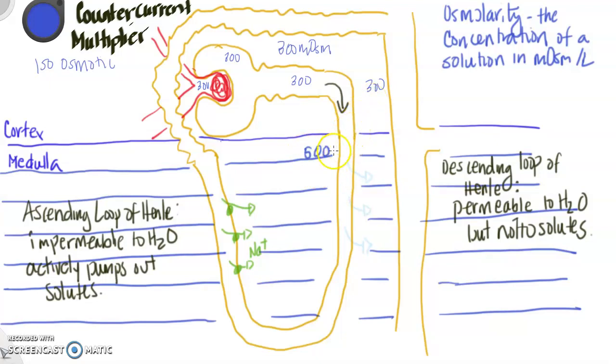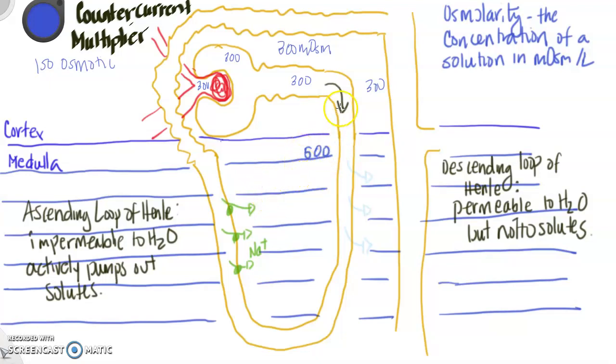That means that as this 300 milliosmole filtrate is coming in, there's a lot more stuff, salt, in the interstitial space than there is in the filtrate. So the water is going to want to leave, go towards the solute, until it's equal.